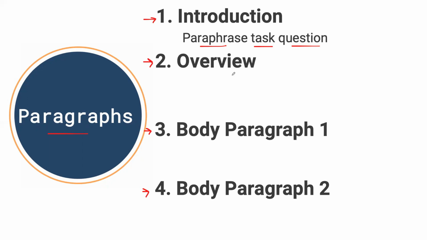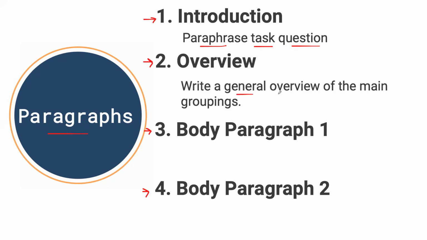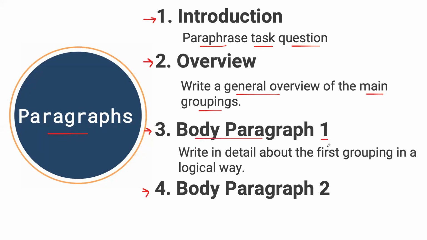Then for number 2, for the overview, we're going to write a general overview of the main groupings, just as I explained. I'll walk you through this before we start writing the essay in the next step. Then in the body paragraph 1, we are going to talk about the first grouping in a logical way. And we're going to use details here.